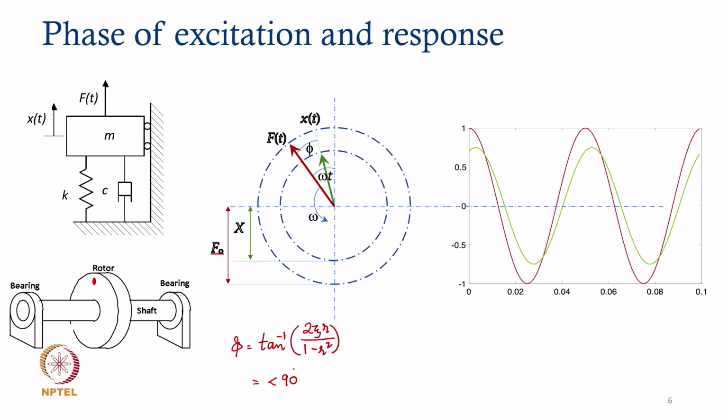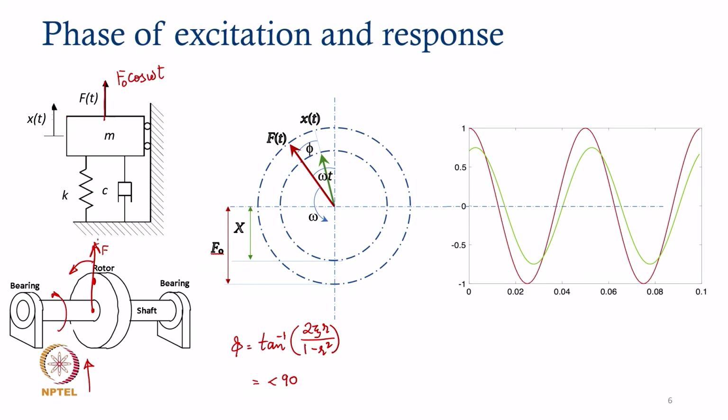If we have an excitation force in the form of an unbalance, and I denote this as f, it is going to spin with the rotation of the shaft, changing its orientation continuously, and that is going to excite this kind of vibratory system, which you can show in the form of a mass, spring and dashpot subjected to a harmonic excitation force given by f naught cosine omega t.